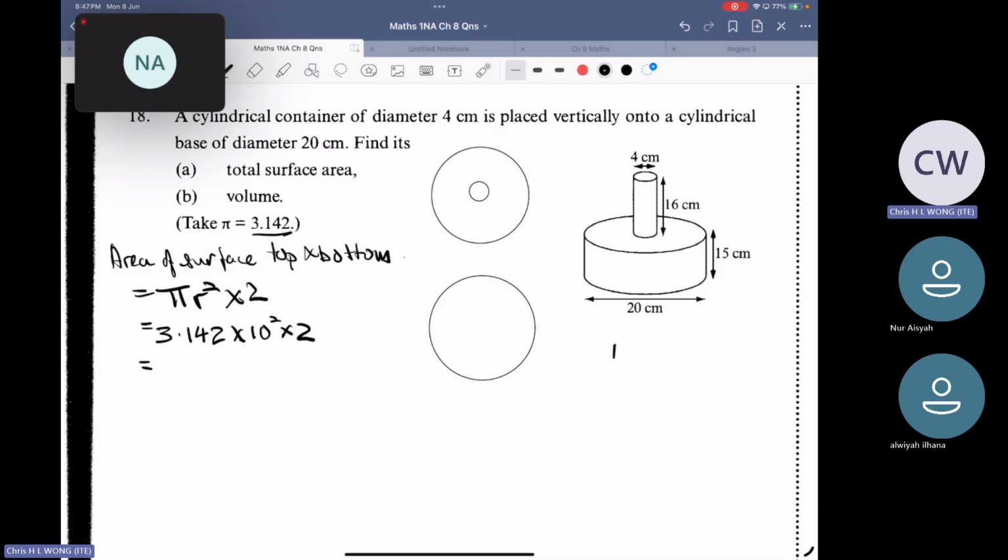It will be 314 times 2, 628.4 cm square. Total area, top and bottom, isn't it? Correct? 628.4 cm square.